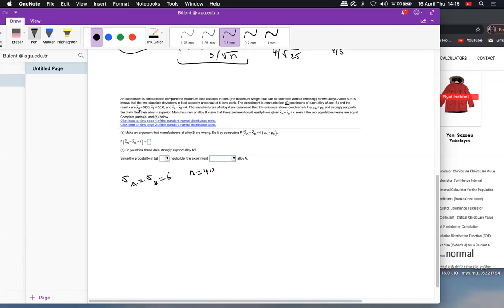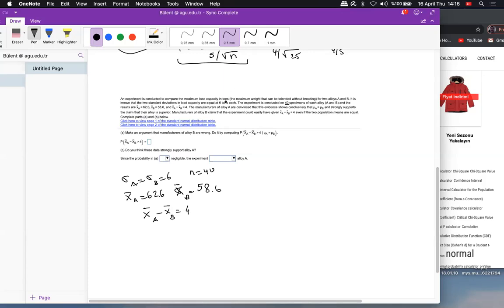And the results are X bar A is equal to 62.2, X bar B is equal to 58.6, which says the difference between the two alloys, the mean values, is about 4.